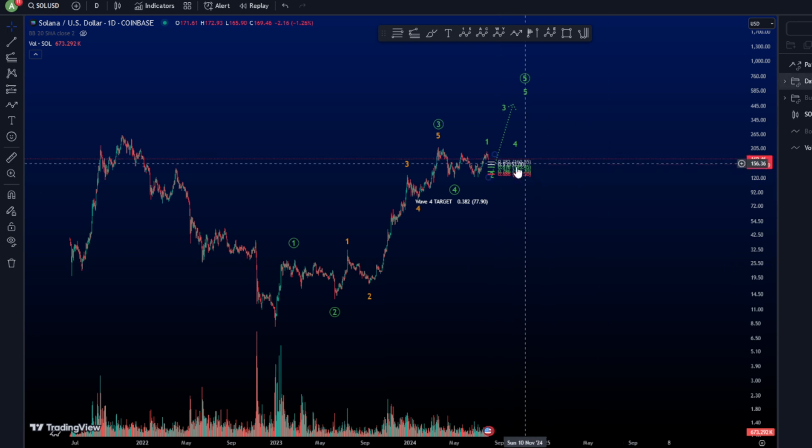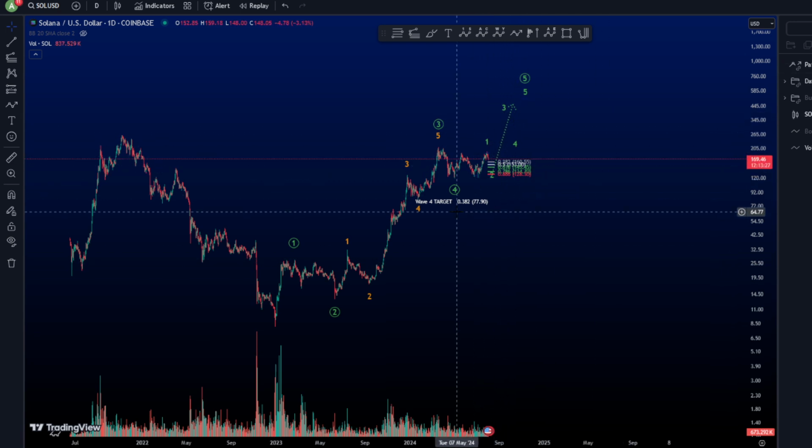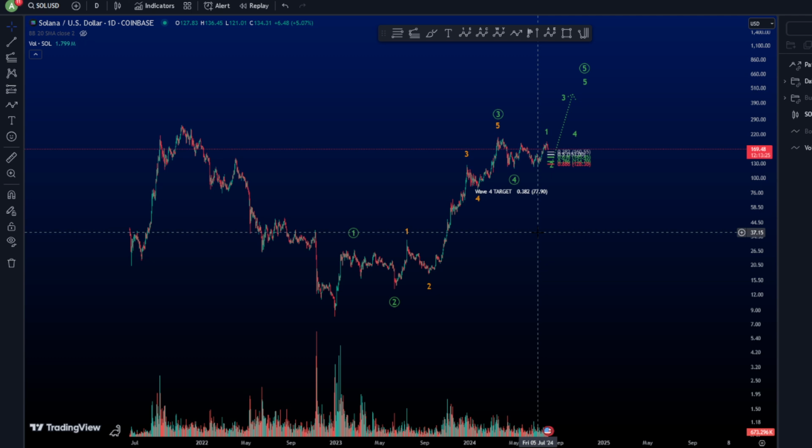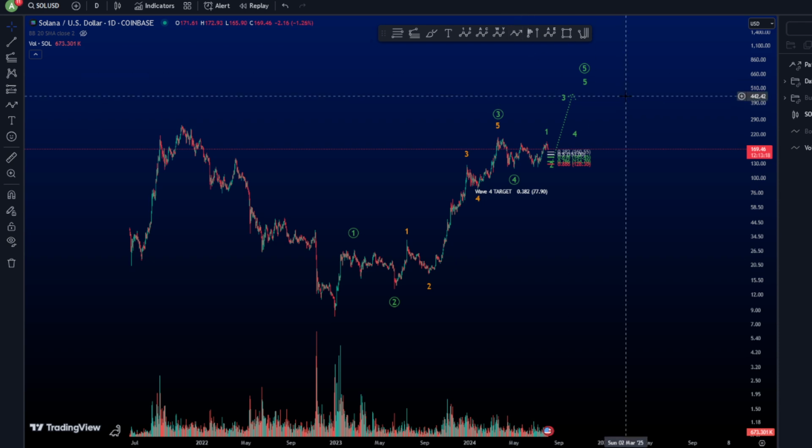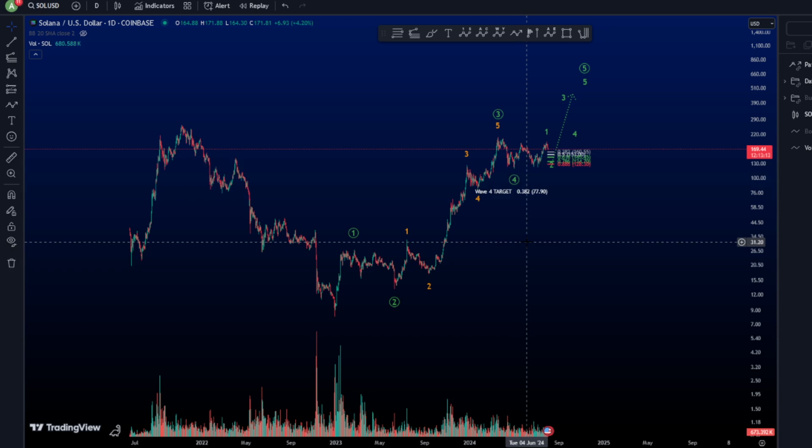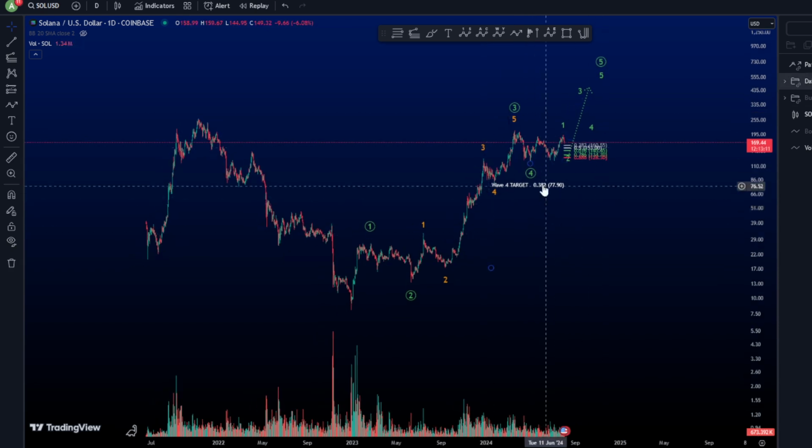We're talking here about 100% and more of profit. It's going to maybe double in price, so that is going to be crazy for Solana. Even more than double. So that is pretty good.